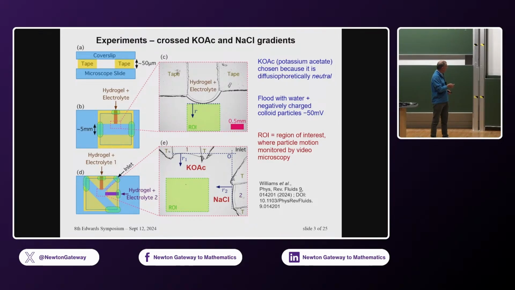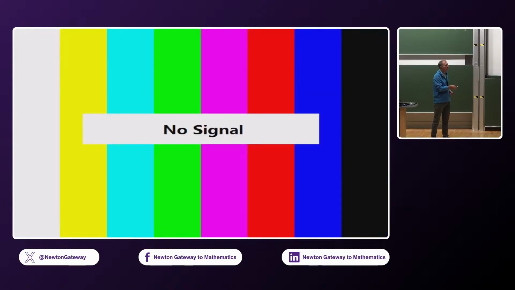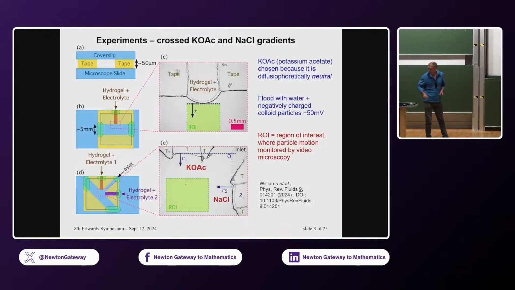Well, this is the thing that we actually wanted to look at that Ian constructed. It's kind of two of these devices side by side, but operating at right angles. So there's two of these hydrogel salt sources, but they have different salts in them. We looked at various salts, but I'm going to talk about sodium chloride on this side and potassium acetate on the top.